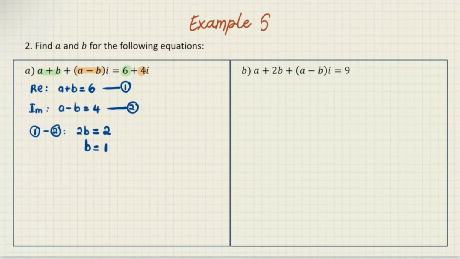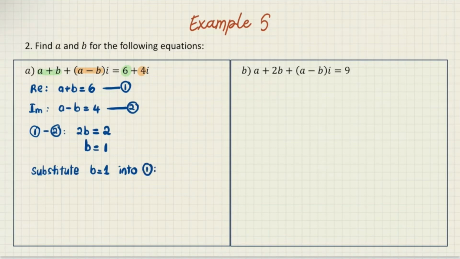Okay, now that we have B, we can find A. We can use either equation. So I'm going to substitute B equals to 1 into any equation. Equation 1 is fine, equation 2 is also fine. So I'm going to use equation 1.